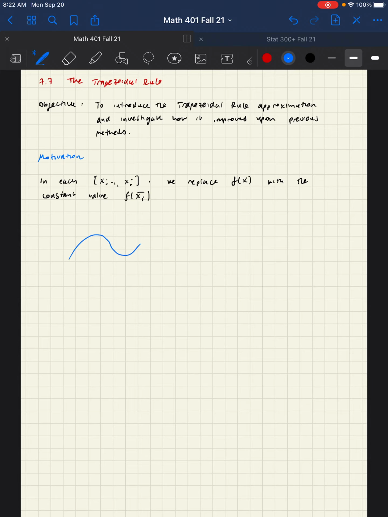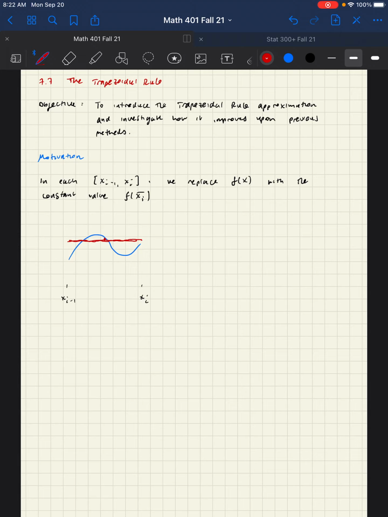So for instance, let's say this is the function in that interval, just for the sake of clarity. Let's just illustrate what that would look like. Now we're saying we're replacing it with the function value at this point.